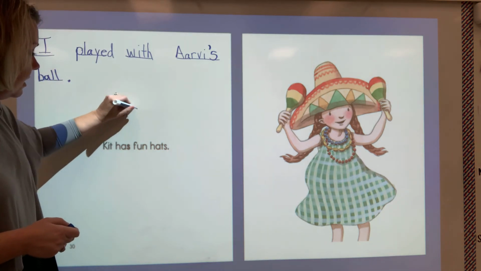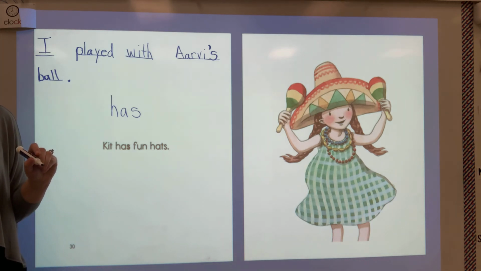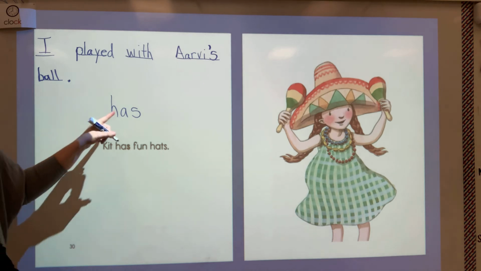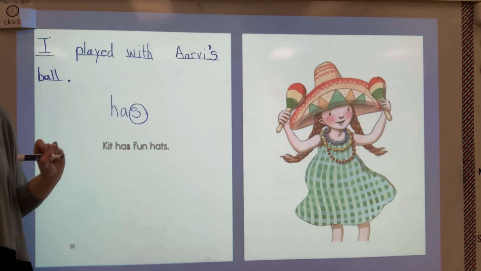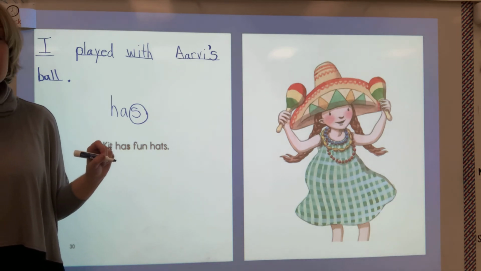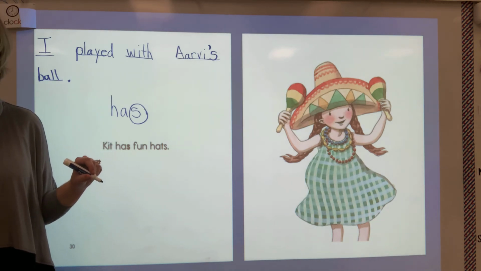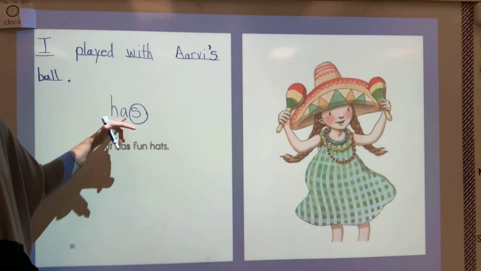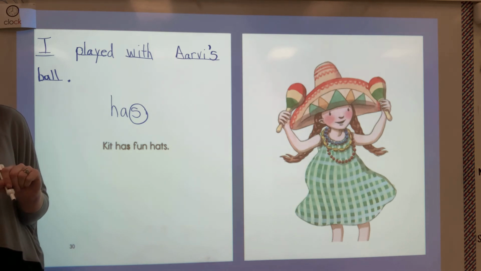The second thing we've learned is the word has. That used to be a tricky word for friends. But it's not tricky for us anymore because now we know that sometimes S at the end of the word makes the Z sound. So it's no longer a tricky word. It's not tricky at all. We know we can read it with the Z sound at the end if it doesn't sound quite right.